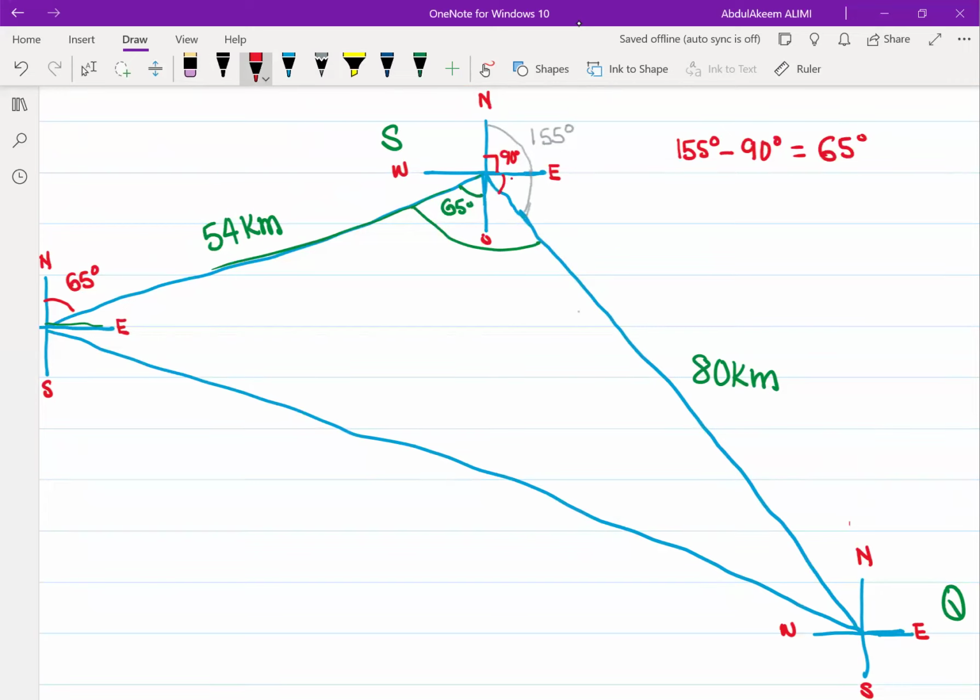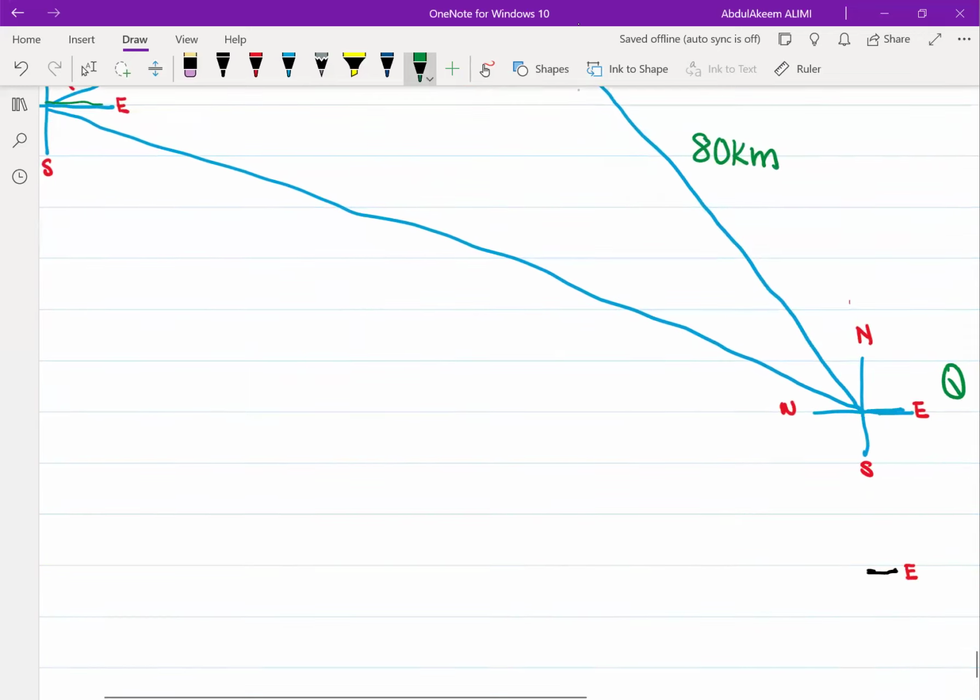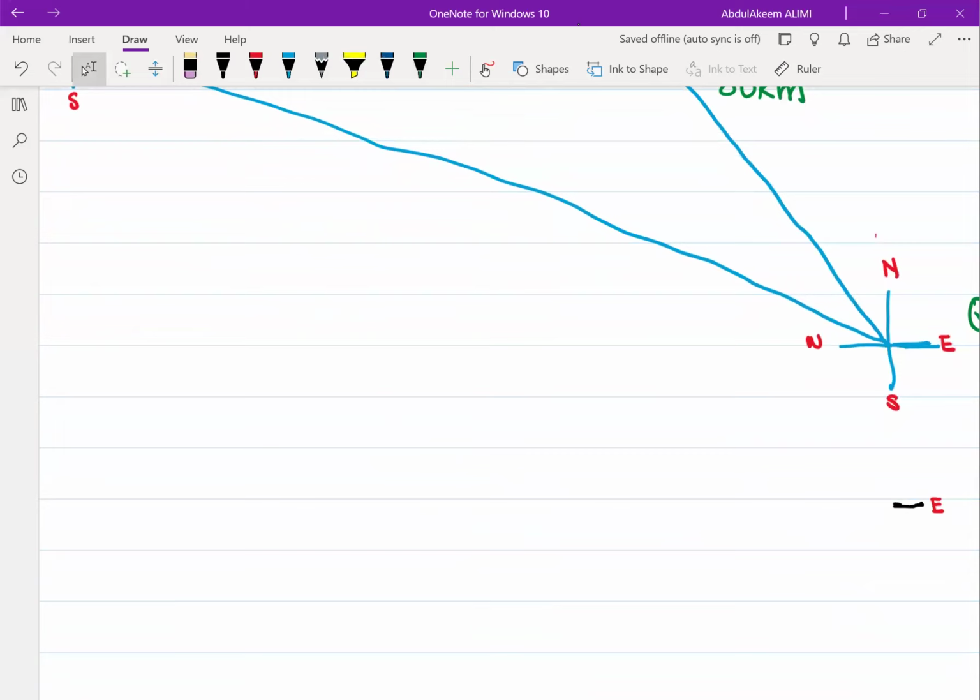This one here becomes 65 degrees. For this one, 90 minus 65 will give us 25 degrees. So everything here will give us 90 degrees. So I've been able to get that.